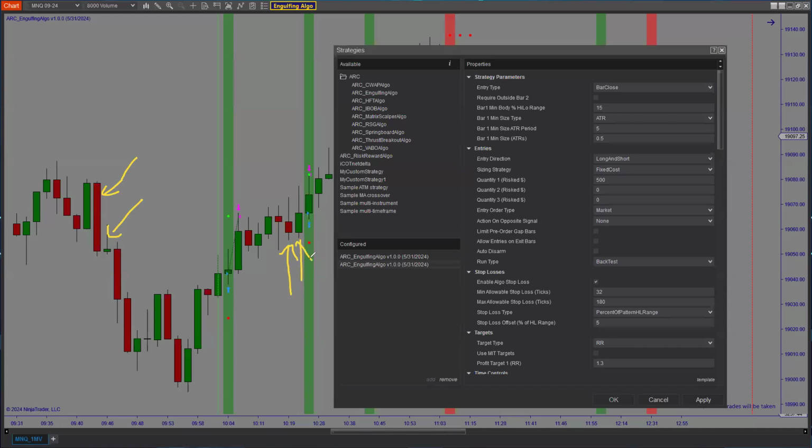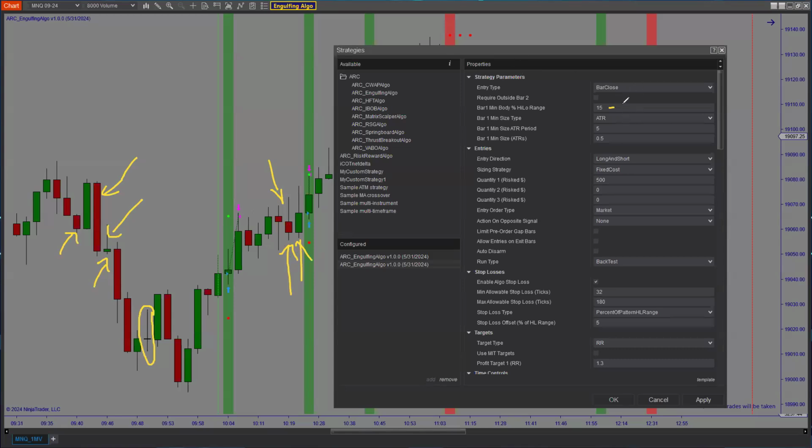On bar one, what is the minimum size body to wick ratio? This is saying 15% body to wick. So in other words, it's almost not even a factor. All it's doing is eliminating the doji candles, because those are like zero body. This one might not have made the mark, but this one would have, right? So you're determining how big the body needs to be to be able to engulf.